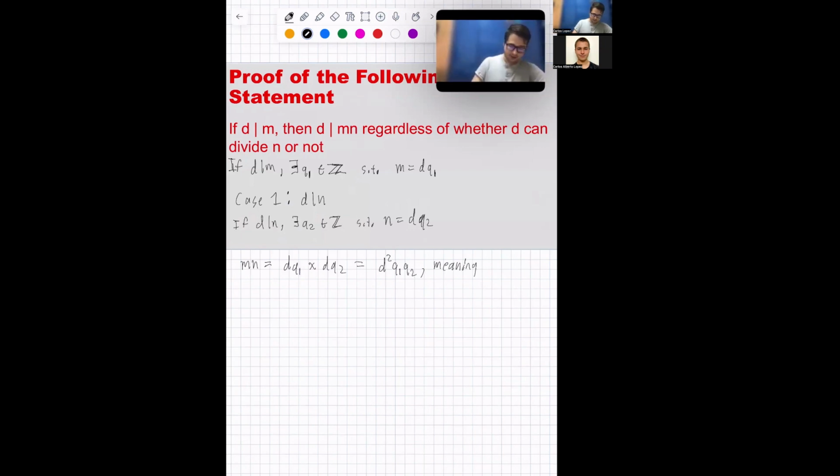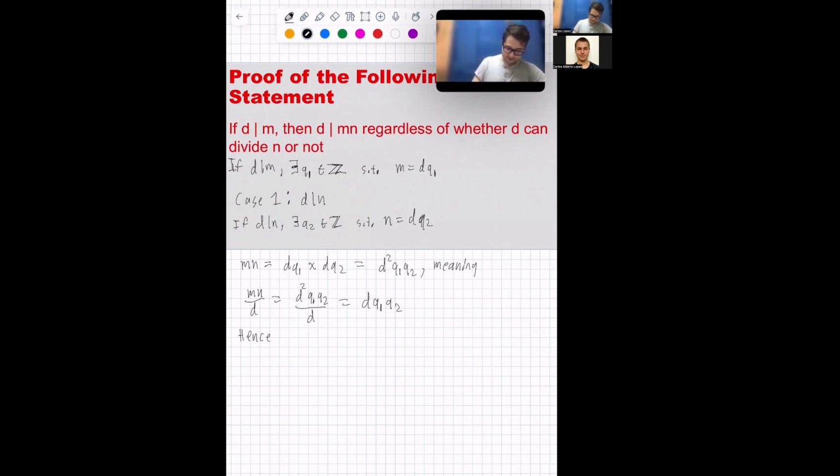Meaning m times n divided by d is going to be equal to d squared q1 q2 divided by d, which is going to be equal to d times q1 times q2.